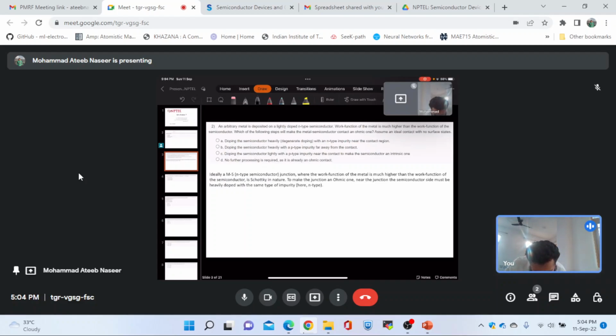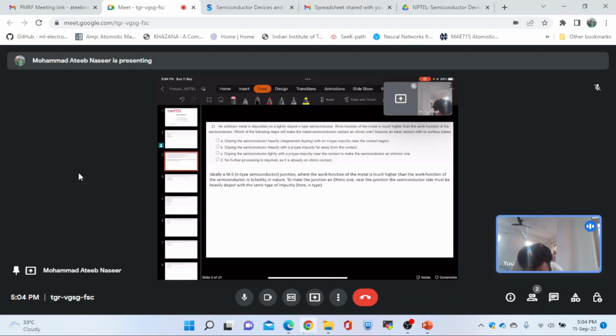We have been told to find how we can make this contact an ohmic one, and that there are no surface states. So if we have some metal and semiconductor, the semiconductor is lightly doped n-type.